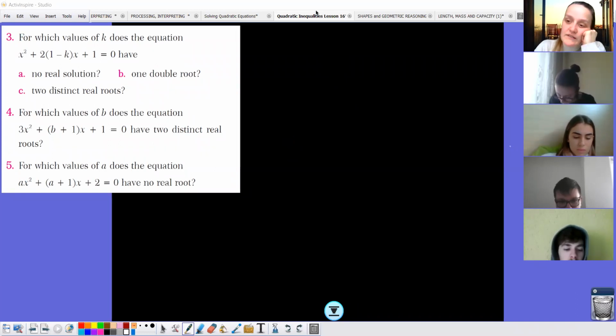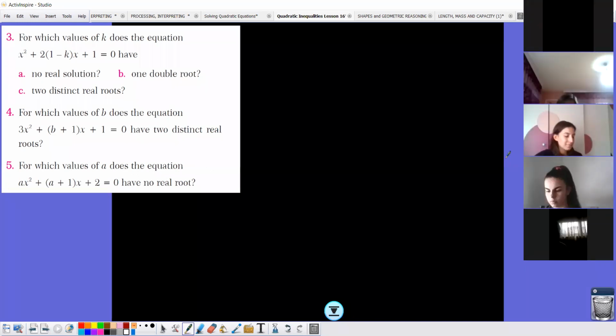What do we need to find for this equation to have no real solutions, or a double root, or distinct real roots? Do you have any opinion? Teacher, I think it's the equation, but I'm not sure. But the equation cannot be.